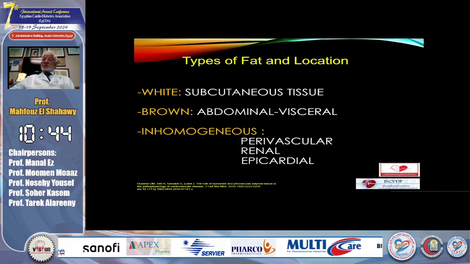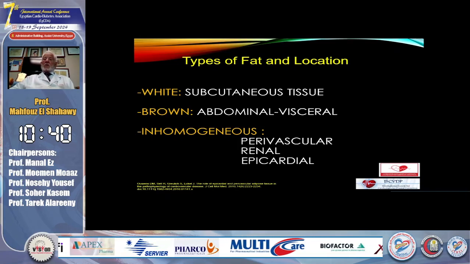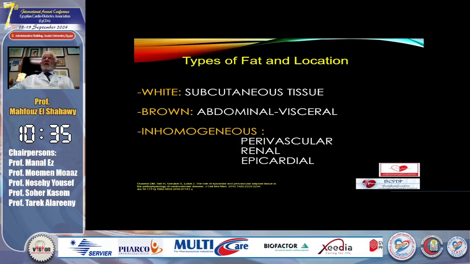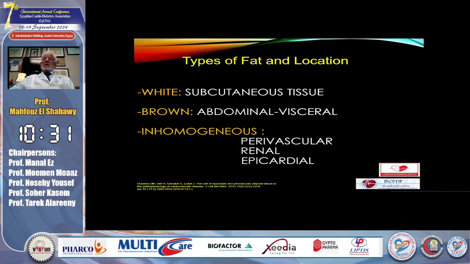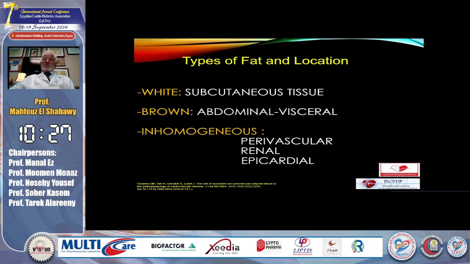Interestingly, the renal and epicardial fat tissue belong to the same group of inhomogeneous fat, with the same messenger RNA as perivascular fat, different from the messenger RNA of the abdominal fat.